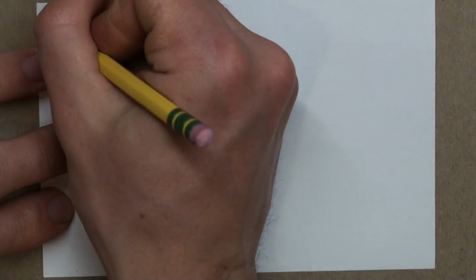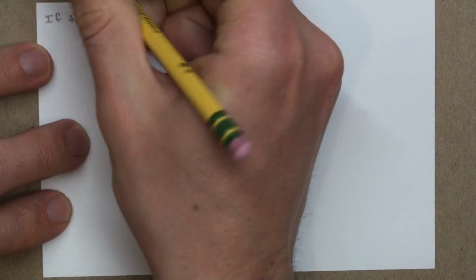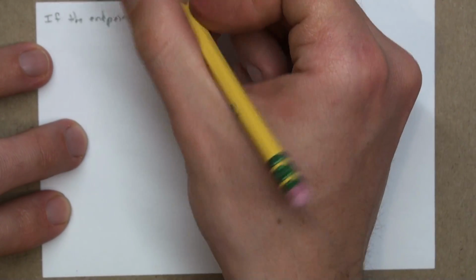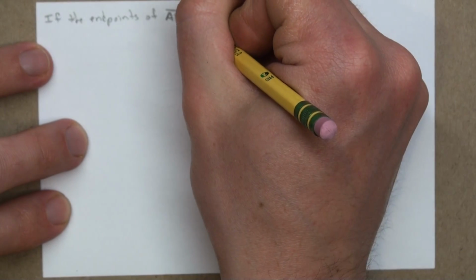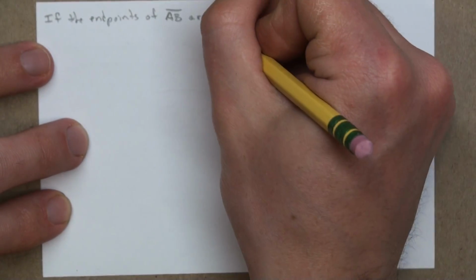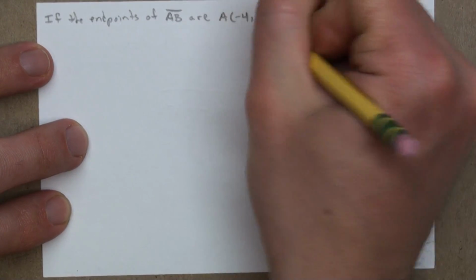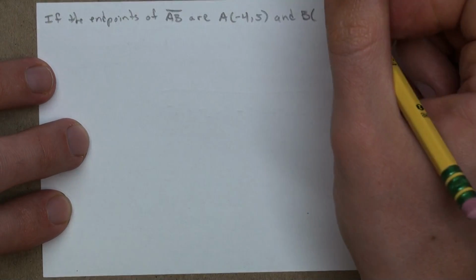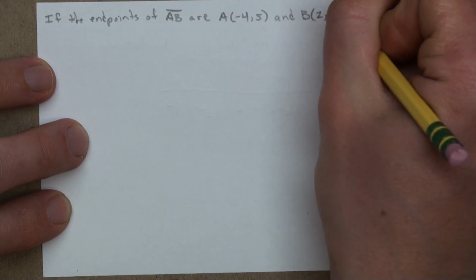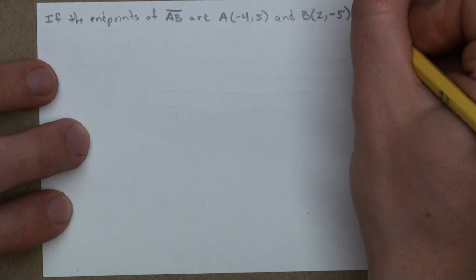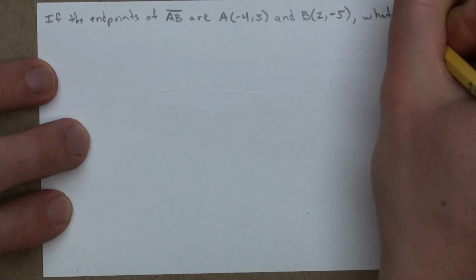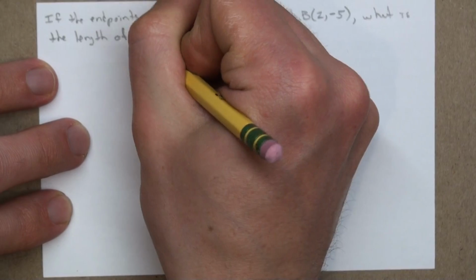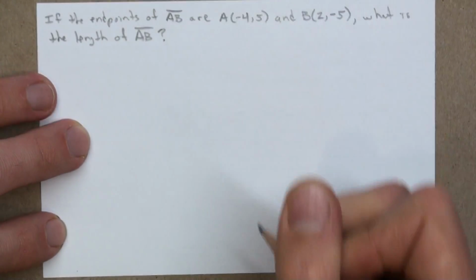If the endpoints of AB are A is (-4, 5) and B is (2, -5), what is the length of segment AB?